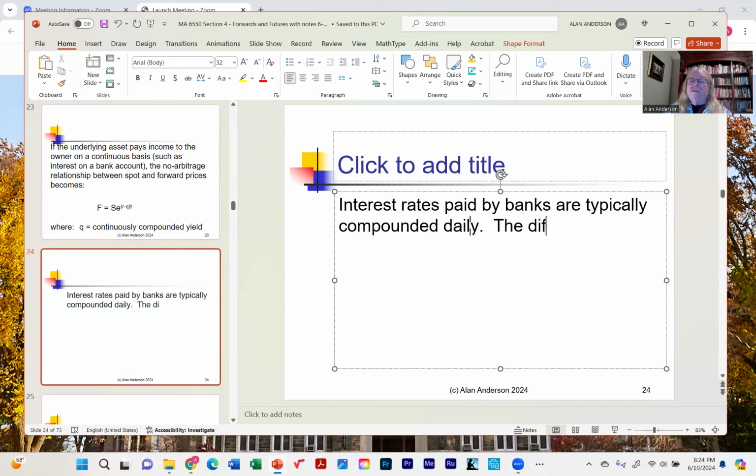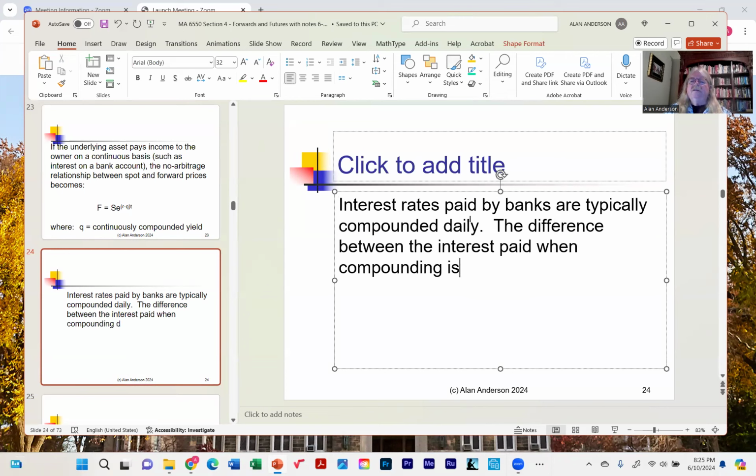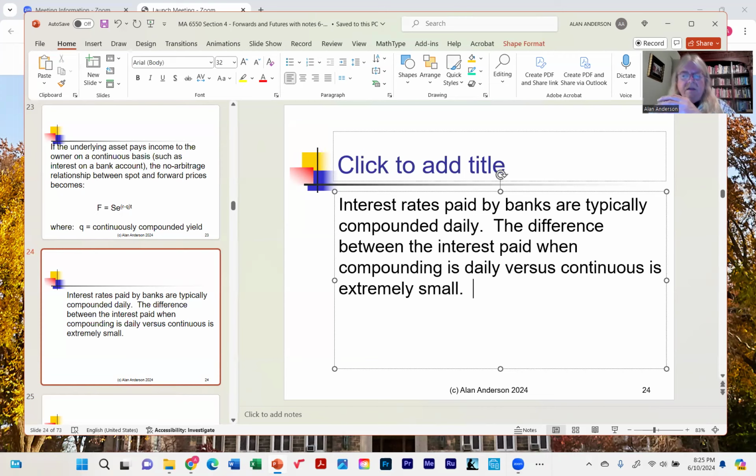The difference, if you want to do some numerical examples, you can. The difference between the interest paid when compounding is daily versus continuous is extremely small. Okay, in other words, in many cases you wouldn't even notice the difference because you're rounding to dollars and cents.